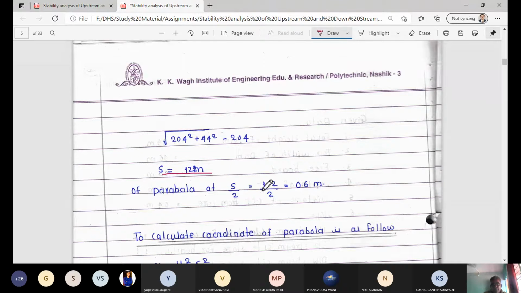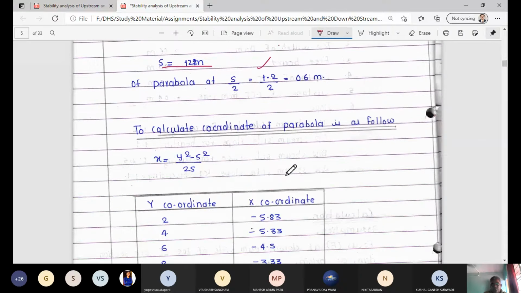And at the parabola, s by 2, that is half the distance where the horizontal pointer is given, is now equal to 0.6 meter. So this is the procedure you carried out, and yesterday you have seen one equation in terms of y, or this is the equation in terms of x. x is equal to y square minus s square by 2 times s now here.